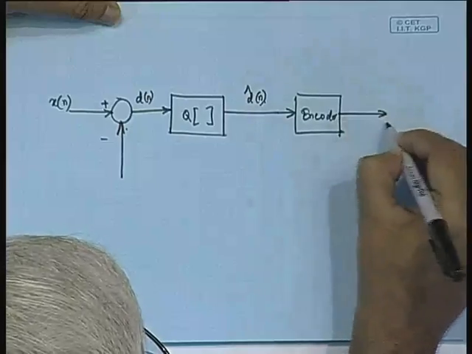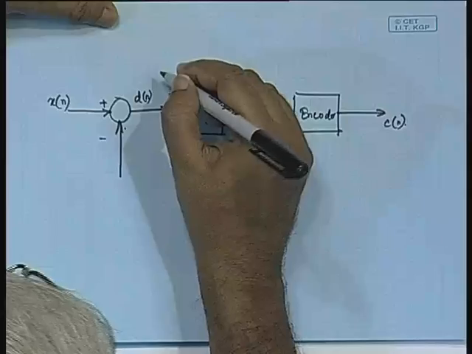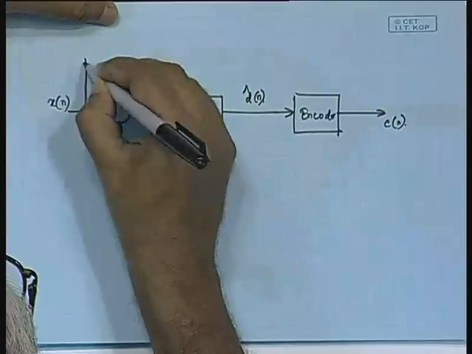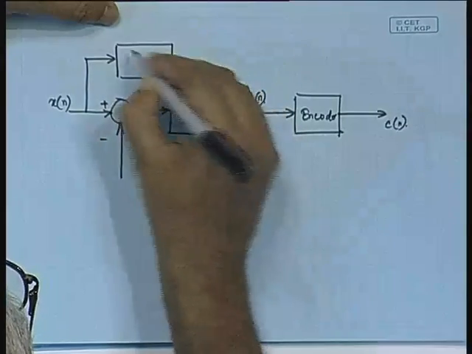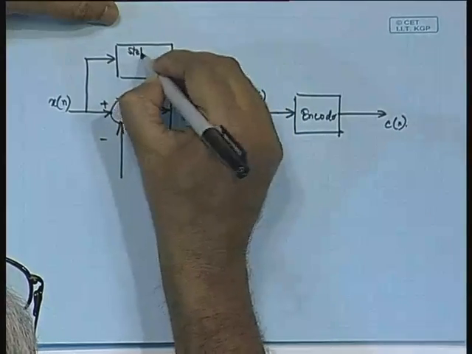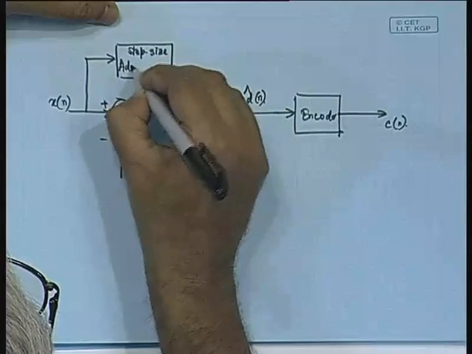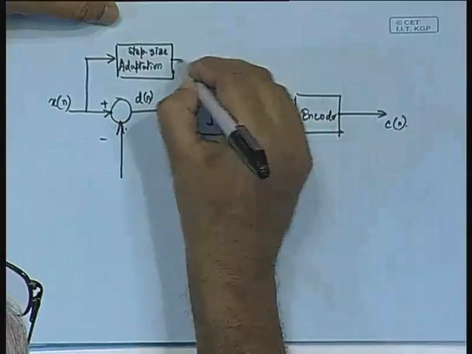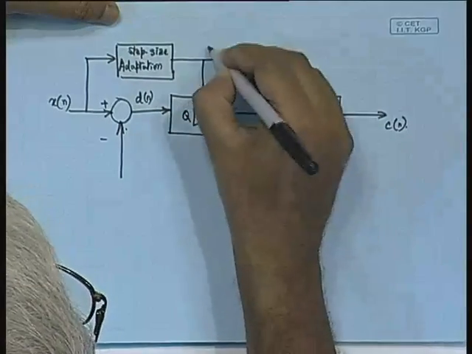and the output here is C of n, whereas for the step size adaptation, using this x n itself we are going to have the step size adaptation control, and this will generate the delta n.